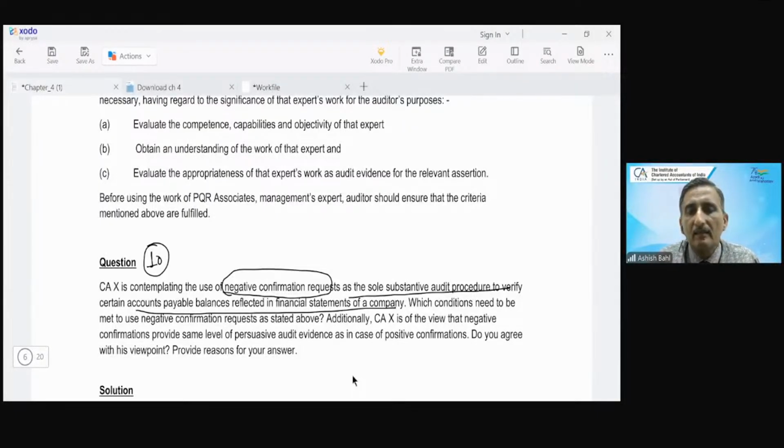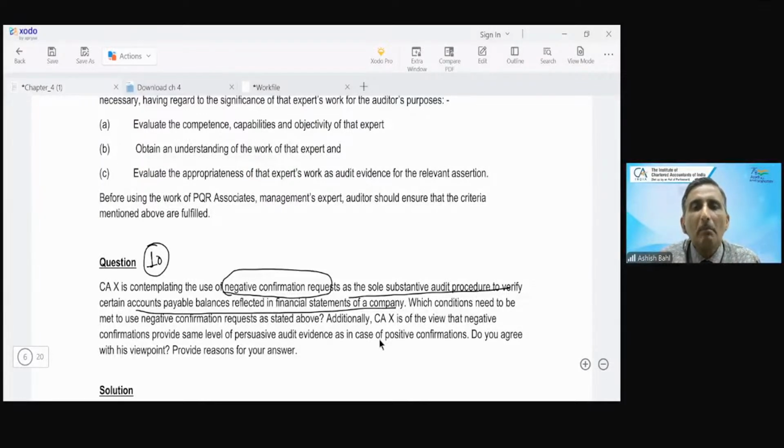Yes, come on, guys. As per SA 505, what is the difference between the two? Yes, Tejaswin, Harshit, Miss Mansoori, Miss P. Yamini, anyone?